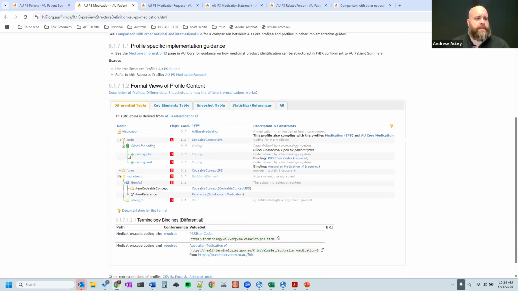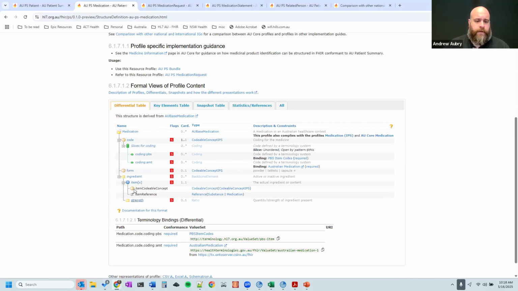As we jump over to the actual thing, we can take a look at the differential table. So part of the differential is the codable concepts for IPS in these forms that effectively just says you need a code and a textual value.